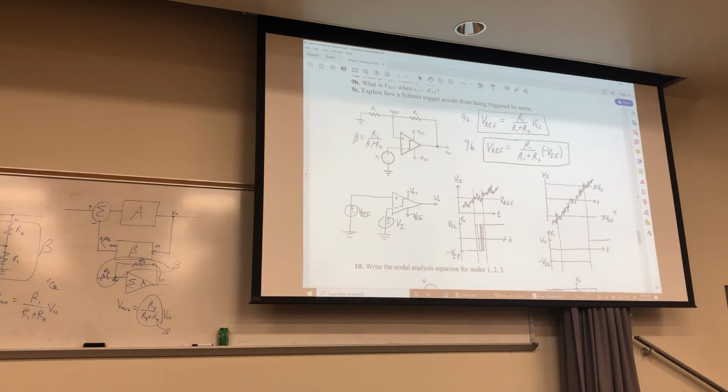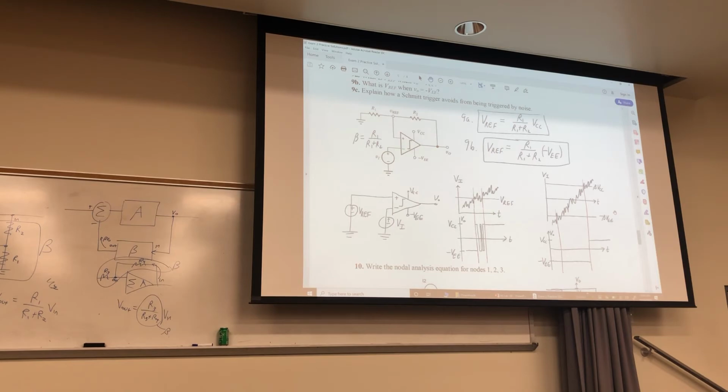And so in this case, if your input right here as a function of time goes in like that, once it crosses the VREF right here, then your output switches drastically back and forth as this signal goes back and forth across your VREF. After it gets over here, it's fine. But as it crosses VREF, that's where you get your crazy switching, okay?